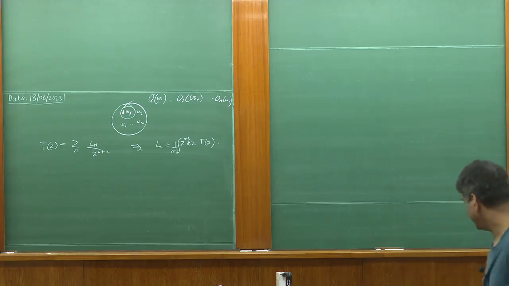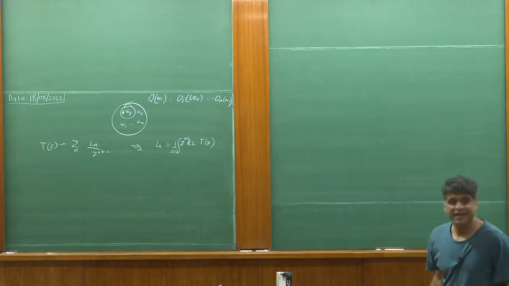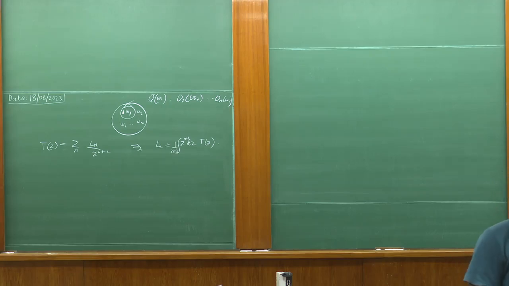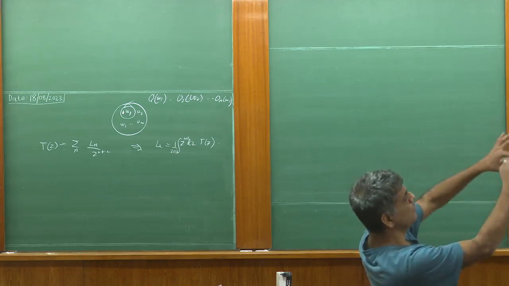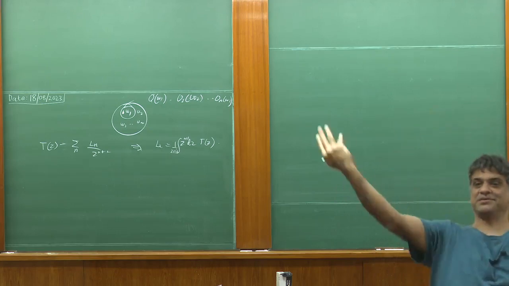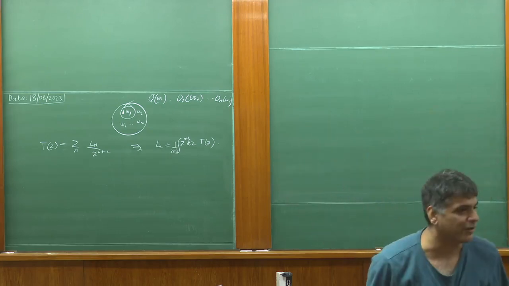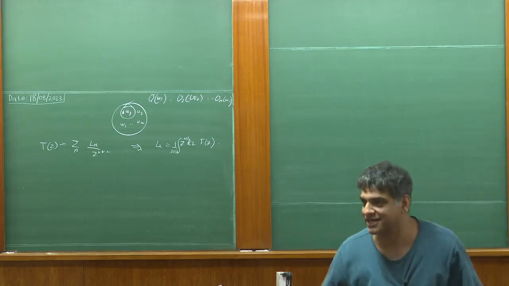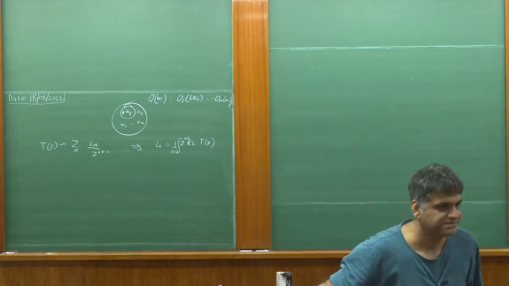Now in the first few applications we use today, we will choose O1 to be identity, which means we just put a little loop around any point where nothing is there, and then take it around and enclose all the other points. But in some other applications, we will actually use O1 not equal to identity, so we'll just keep this general.